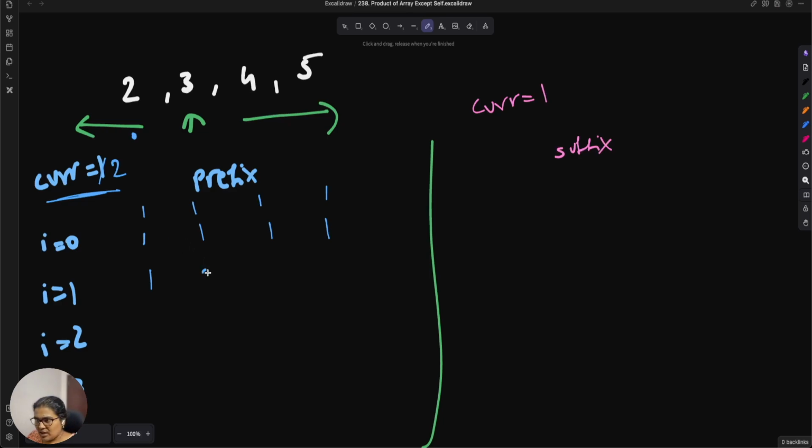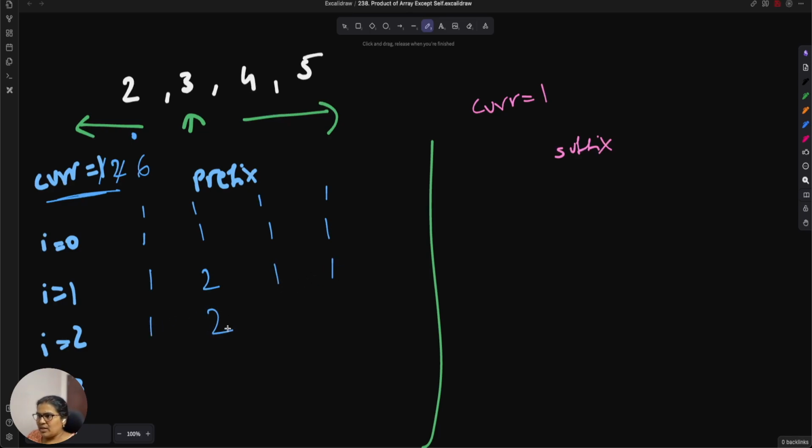So we just update the result with 2, and we also update current with the current product, which will be 2 times 3, so 6. The rest are still not processed. They'll still stay as is.